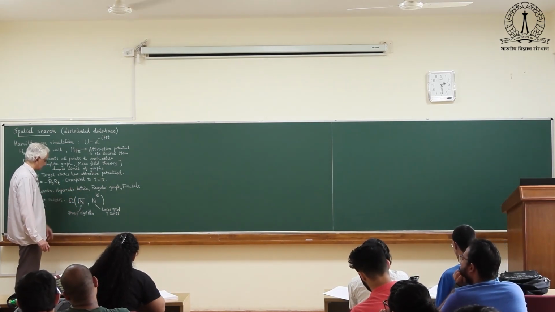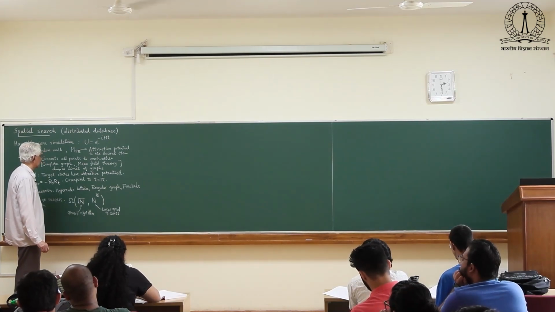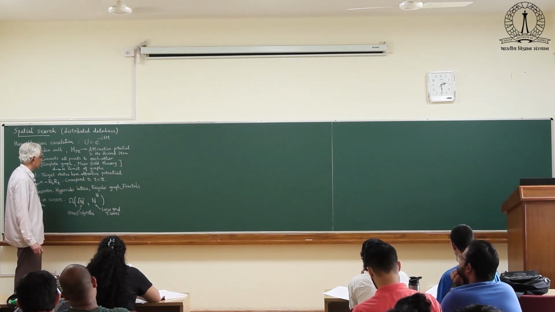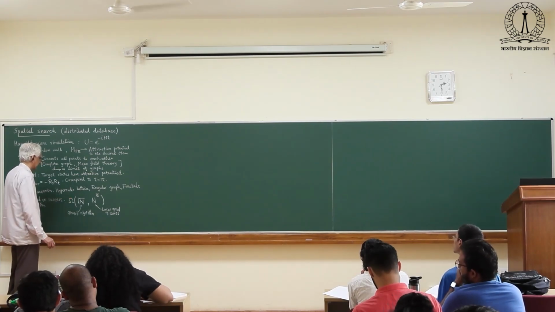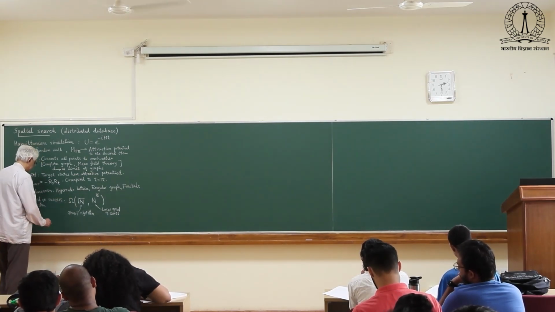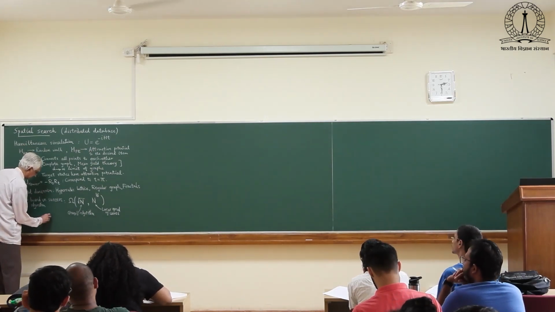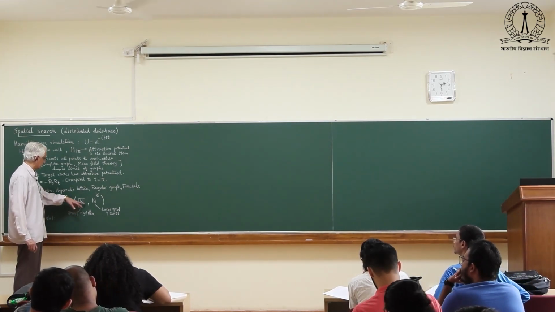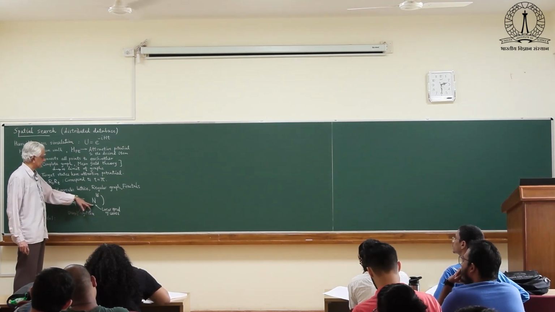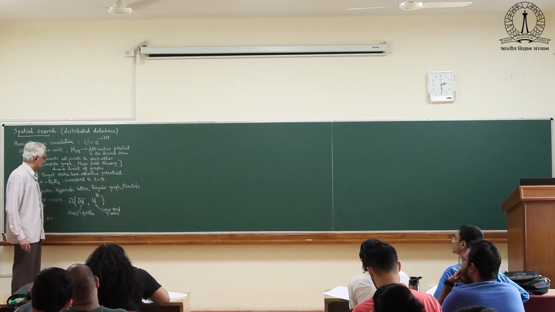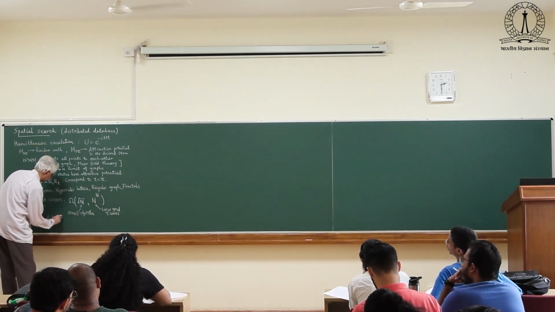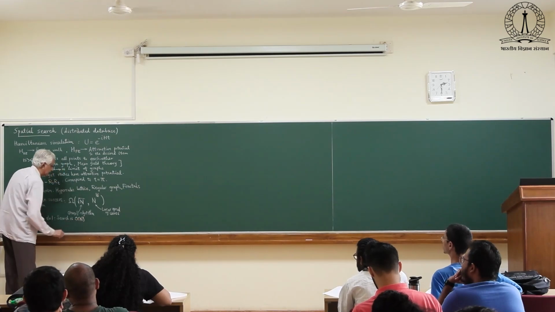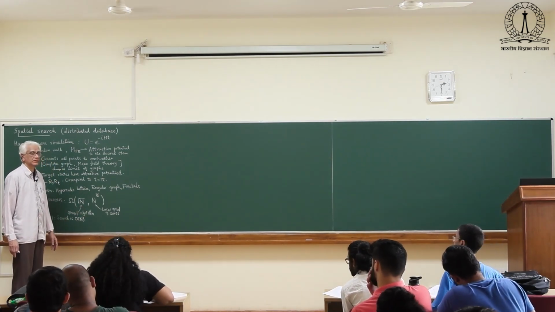And I will give the results. The details will have to come from actual numerical simulations and some analytical proofs, but the results are important and they are quite straightforward. So if I take d equal to 1, then this factor doesn't help. This one dominates. And so search basically becomes order n.